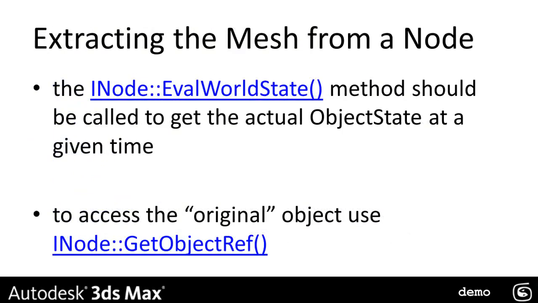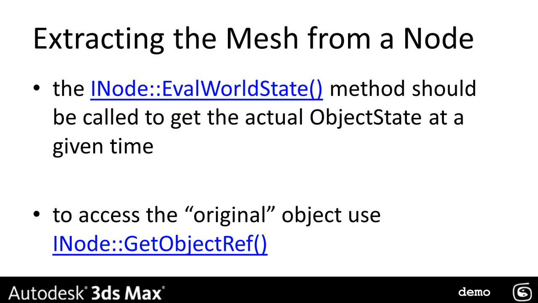So let's talk about how you get the mesh. First of all, you typically would go from a node and get the object's world state. The INode EvalWorldState method should be used to get the actual object state at a given time.